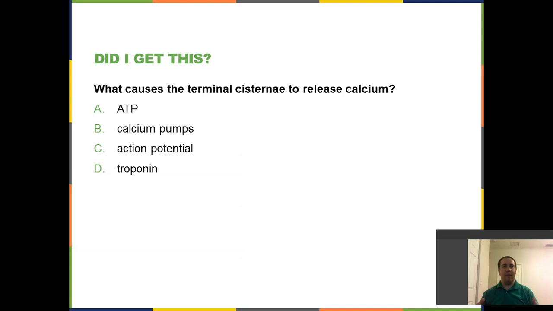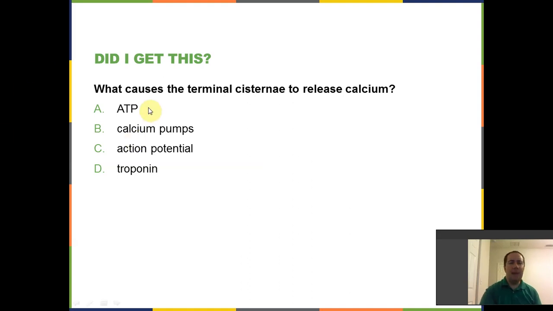ATP. It was the action potential coming down the neuron. So the action potential came down the neuron, caused release of the acetylcholine, which allowed the sodium in, which caused the calcium to move. And so the action potential didn't directly cause the release of calcium, but none of these other things had any role whatsoever.